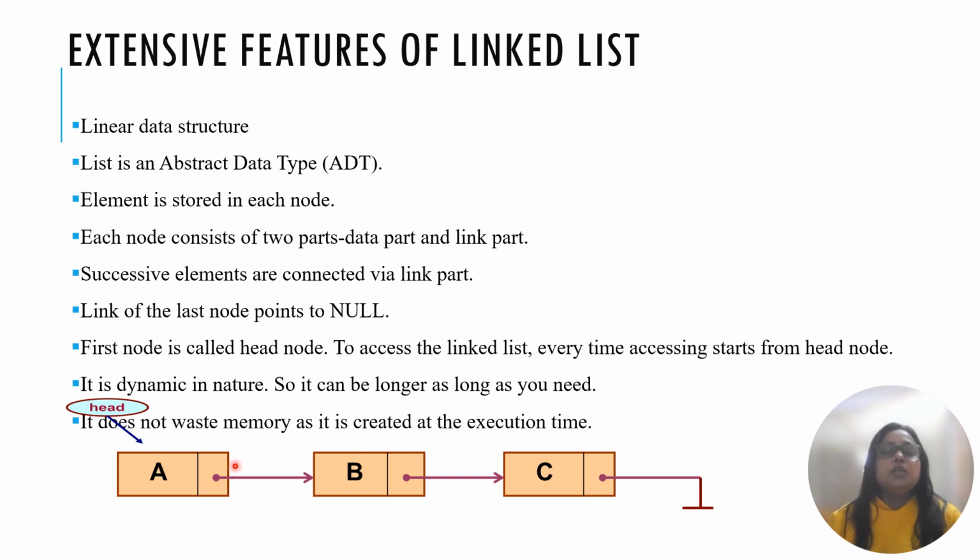Link part is also node type, because this link is connecting to another node. So obviously this link will be of this node type, and link of the last node will be null, and head is the pointer which will point to the beginning node every time, and it is dynamic in nature.